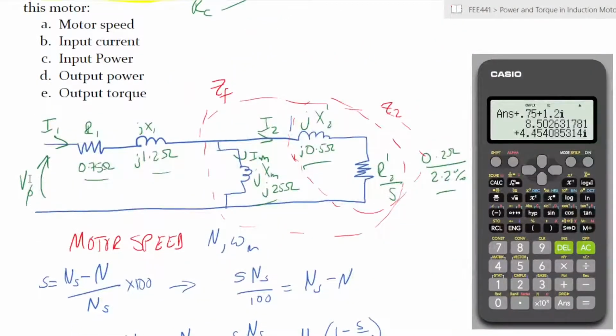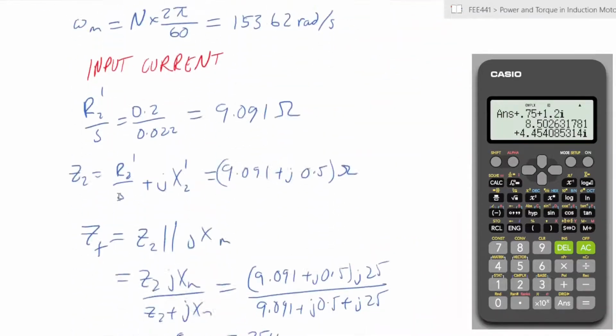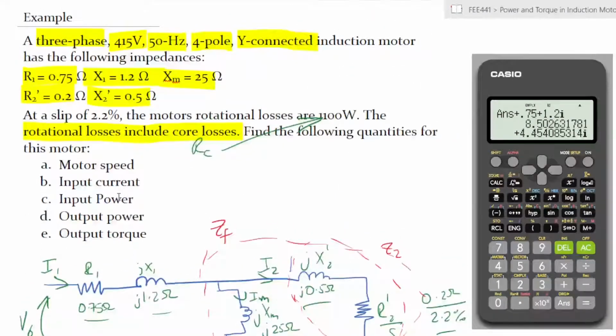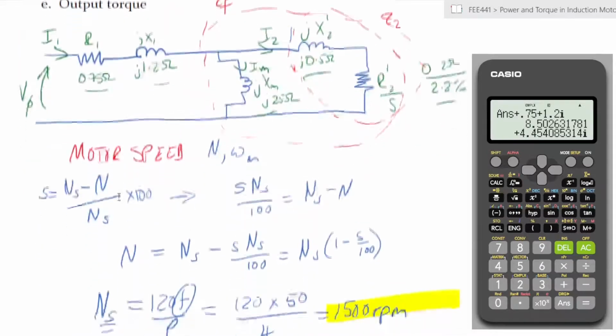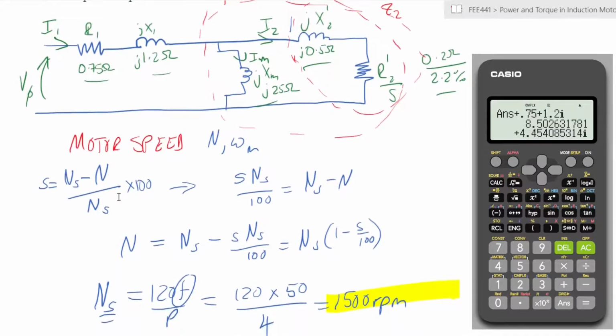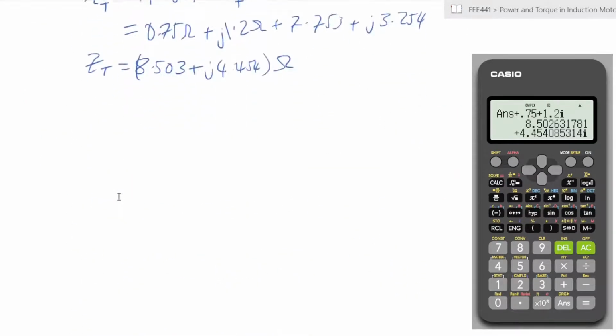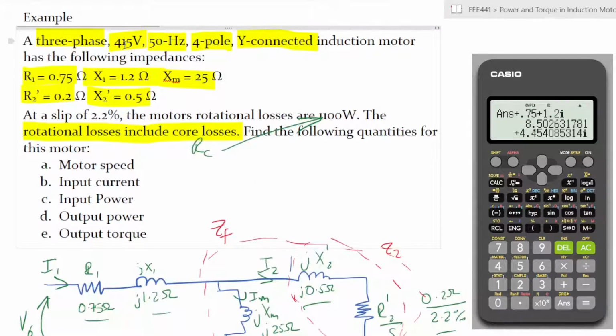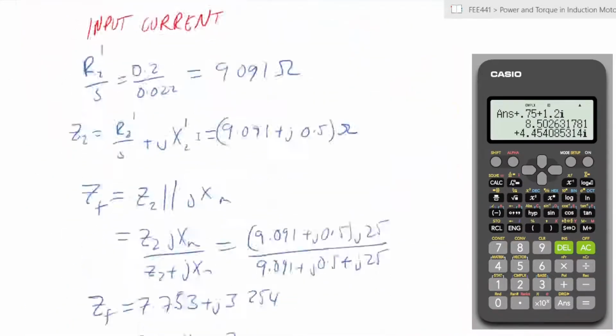So as seen from the supply, what the phase voltage sees is your total impedance given as one element. This is the importance of all the derivations we went through when we were doing the equivalent circuit, so that you can have it all on one simplified circuit with all the elements represented. So straight away we can say current I1 is equal to V phase over Z total. We know our V phase: we've been given our line voltage, which is 415, and you divide it by √3.